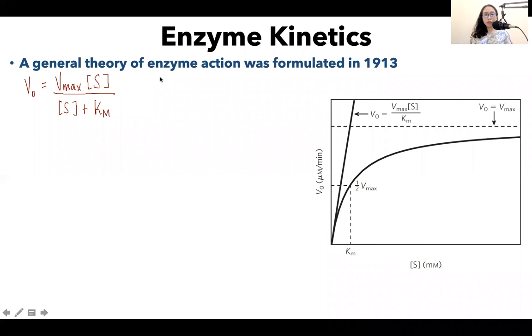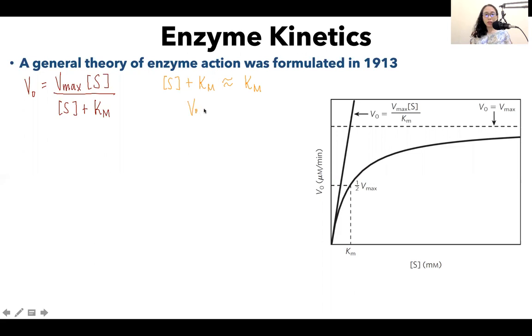So for the first condition, we have very low concentrations of the substrate. In this case, our denominator is approximately equal to Km because the concentration of the substrate is very, very low.